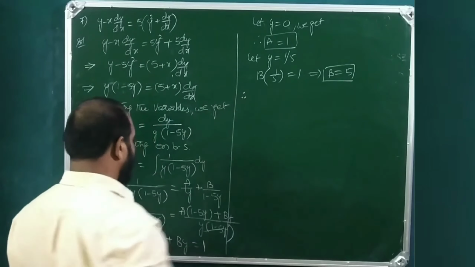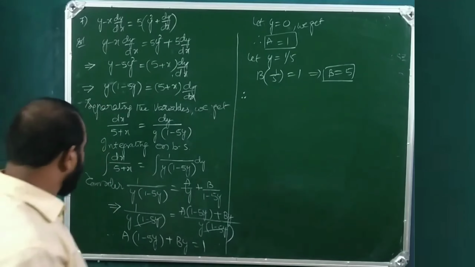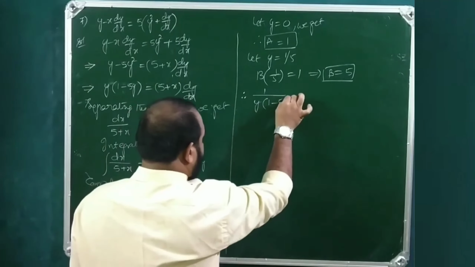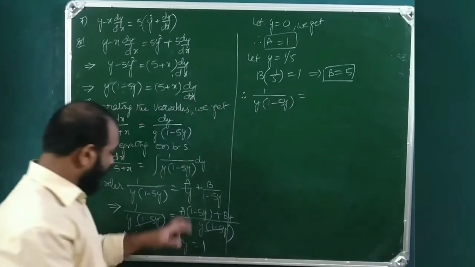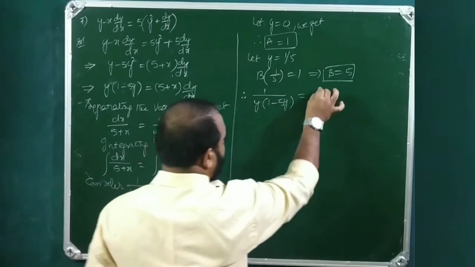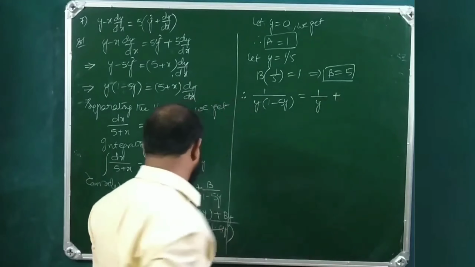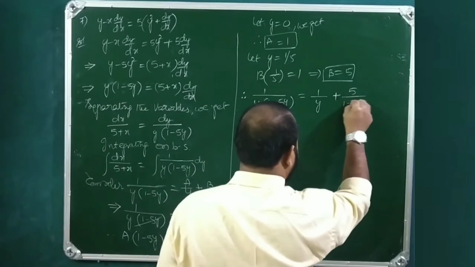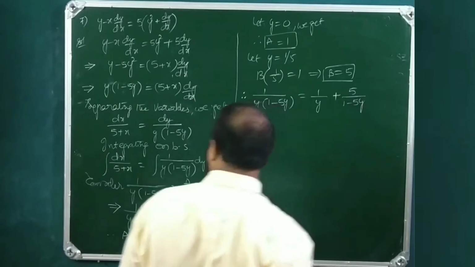Therefore, 1 by y into (1 minus 5y) is equal to, what is the value of a? a is 1. So 1 by y plus b is 5, so 5 by (1 minus 5y).